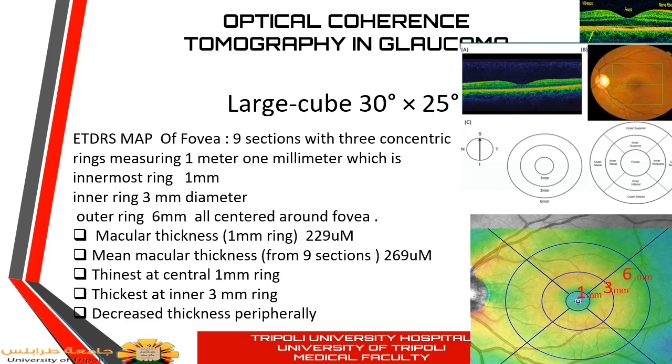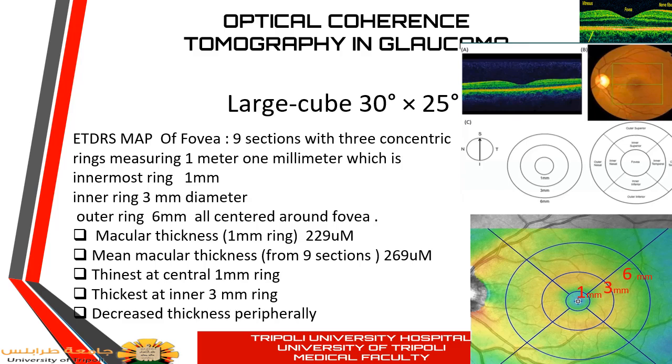The first ring is within 1 millimeter diameter, the second ring within 3 millimeter diameter, and the outermost ring within 6 millimeter diameter. The inner ring and the outermost ring are further divided into 4 quadrants. So in total we have 9 areas within this area of the macula.